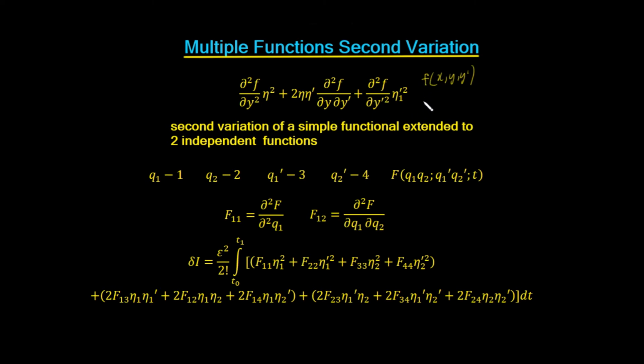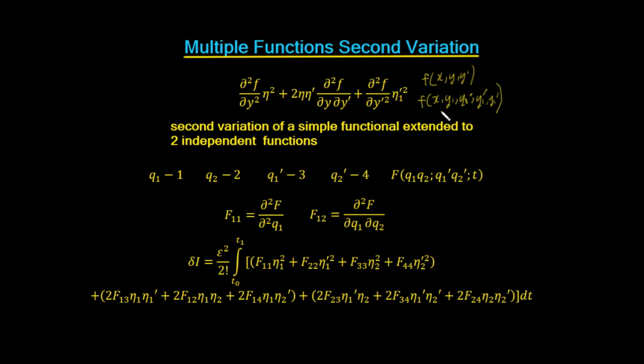So our new functional would be of the form f of x, and we would have our y1 as a function of x, and y2 as a function of x as well. And then we would have our y1 derivative, which is a function of x, and our y2 derivative, which is a function of x. So this is our functional form which we've seen in the previous video.